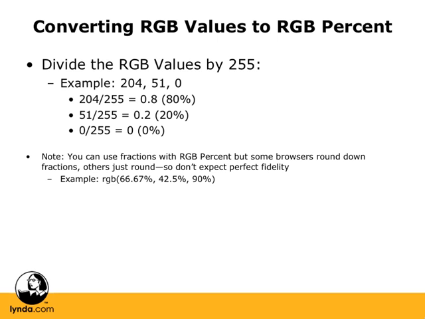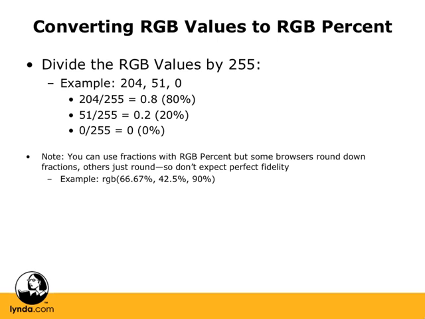There are many people who find it much easier to think in terms of color percentages than they do in terms of decimal values on the range 0 to 255, or hexadecimal on the range 00 to FF. The drawback is that because of the way browsers are, percentages are a little bit coarser. You should be, in theory, able to use decimal fractions with the RGB percent, things like 66.67% and 42.5%.